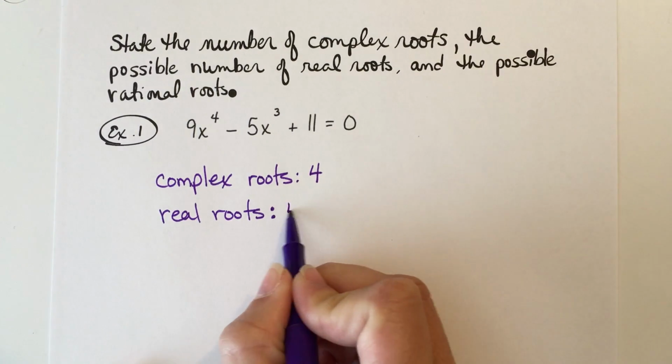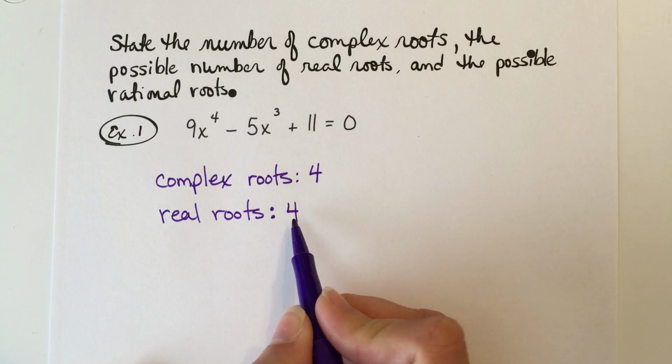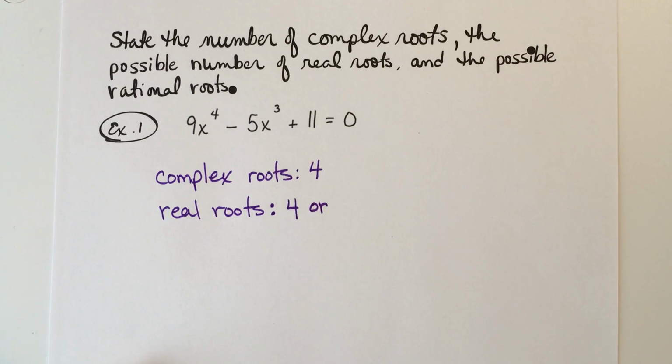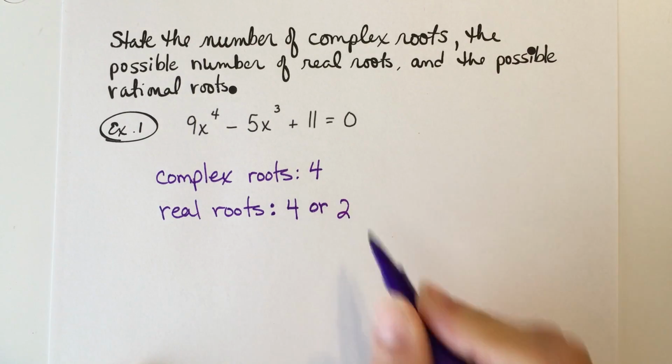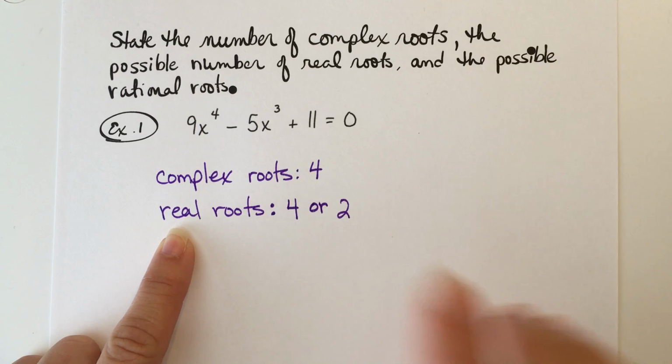Well, remember I'd already stated, all 4 of them could be real. But if I had, say, some that were imaginary, because they have to happen in twos, it could be that I only have 2 that are real, which would mean the other 2 would have to be imaginary, okay?